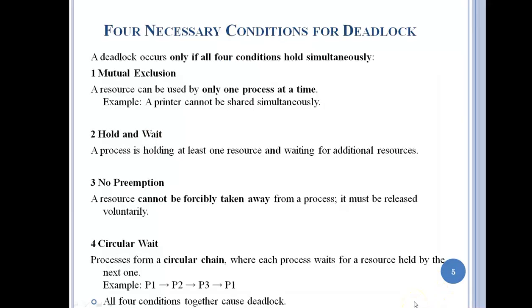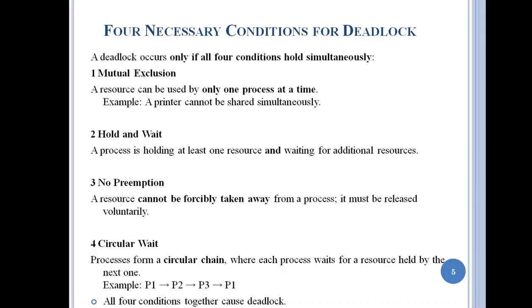So the four necessary conditions for deadlock: a deadlock occurs only if all four conditions hold simultaneously. The first condition is mutual exclusion, which means a resource can be used by only one process at a time. For example, a printer cannot be shared simultaneously. Second is hold and wait, where a process is holding at least one resource and waiting for additional resources.